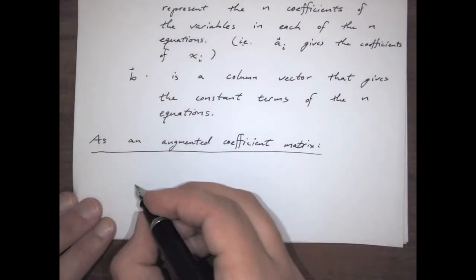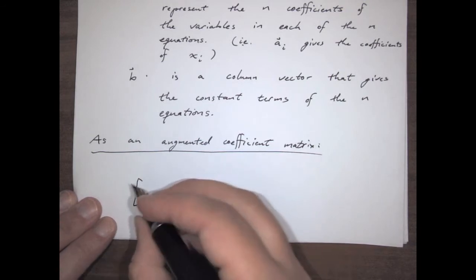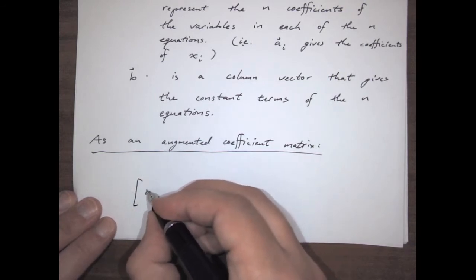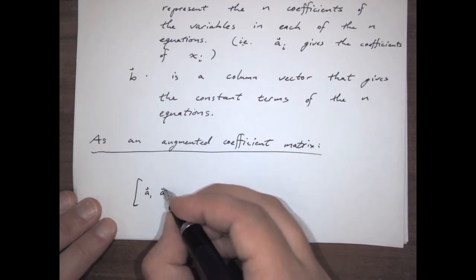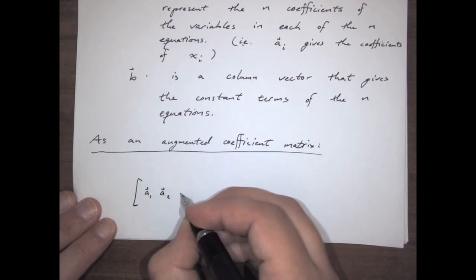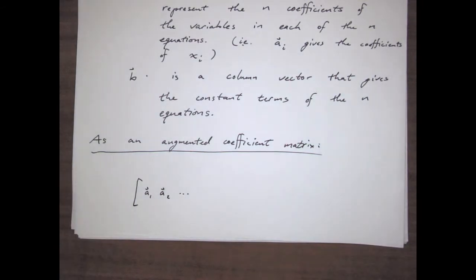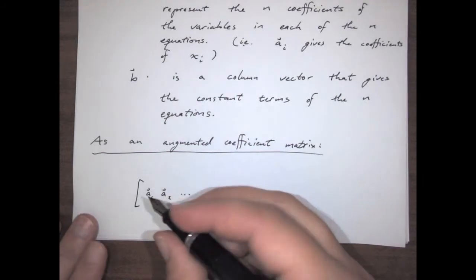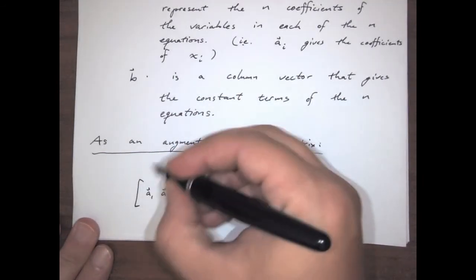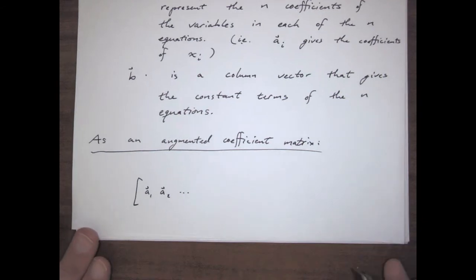So we would have the a1, we would have the a2, and here we're applying some notation where when we write a matrix and then we write a column vector inside it, that means this column represents a1.